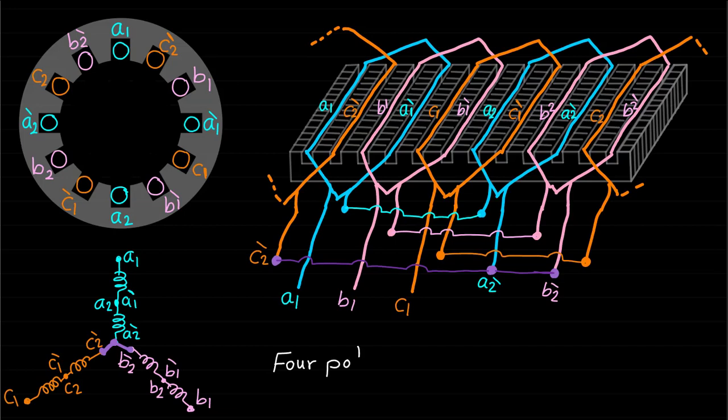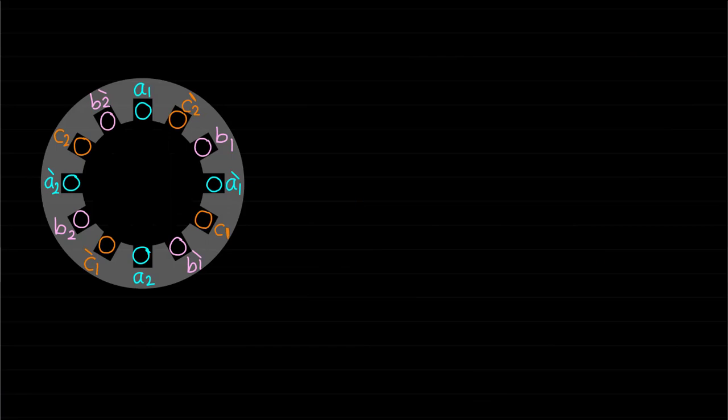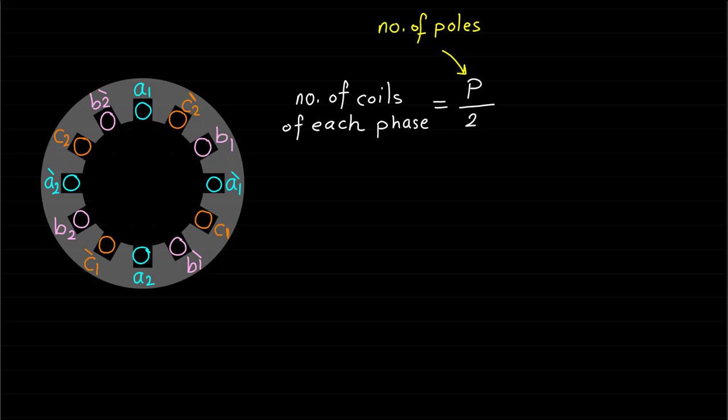These figures show a four-pole three-phase stator with concentrated windings, where each phase consists of two coils connected in series. It should be noted here that in the case of concentrated windings, the number of coils of each phase is equal to half the number of poles.